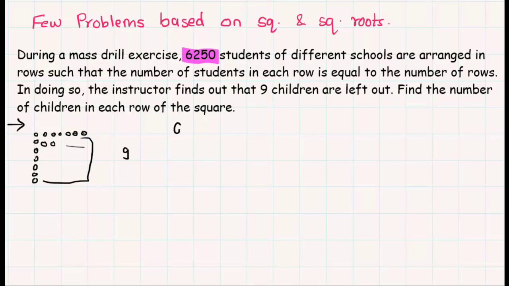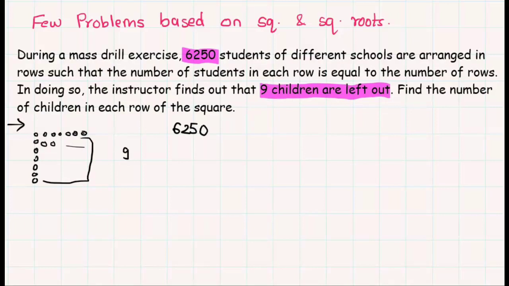Now, the total number of students given is 6250. Okay. And they are forming a square pattern. So is this a perfect square? No. In the later part of the question, it is written that the instructor finds out that 9 children are left out.